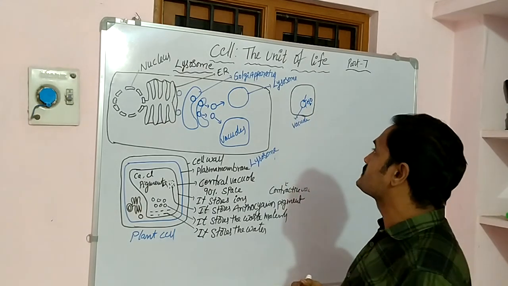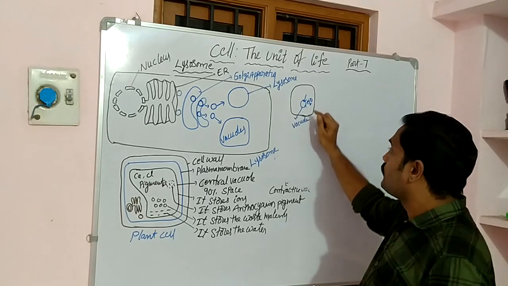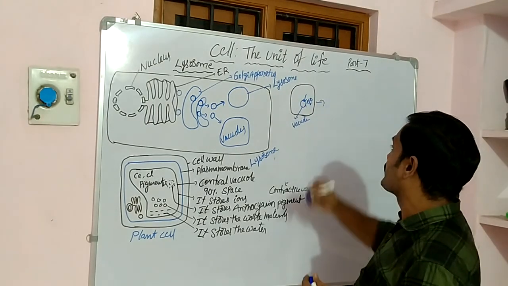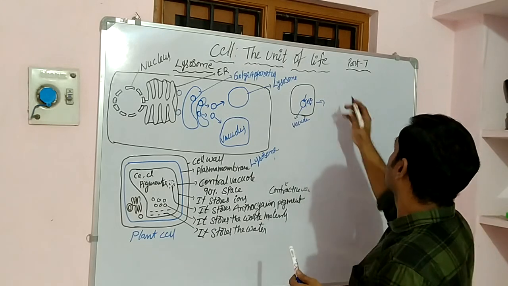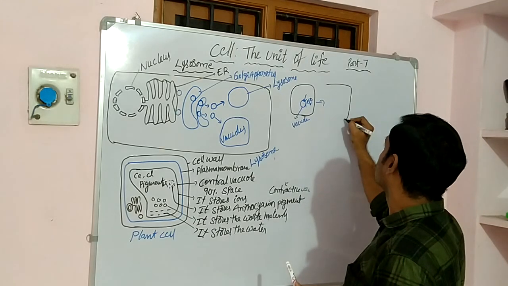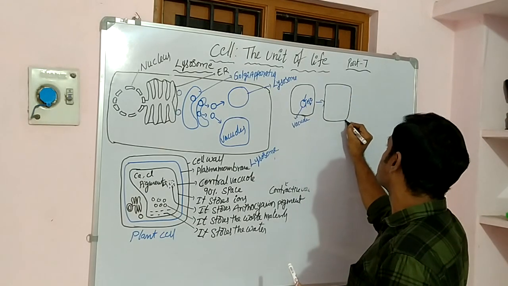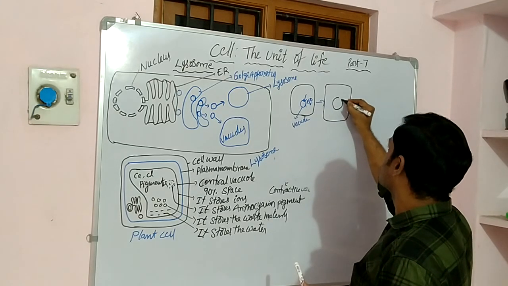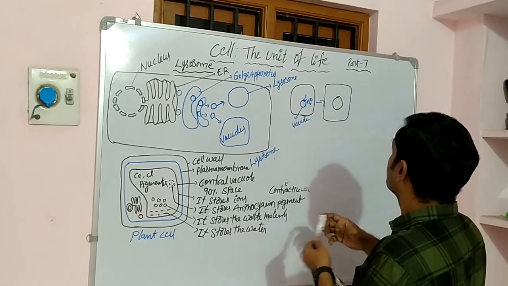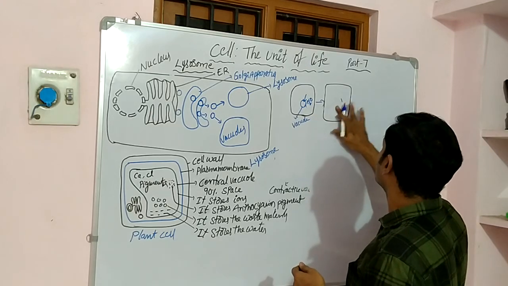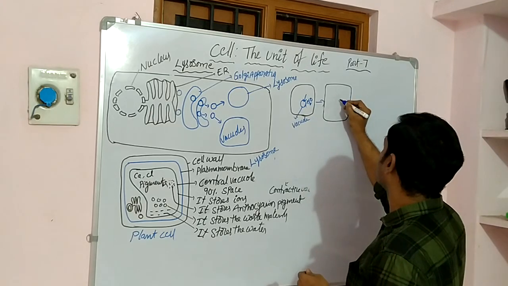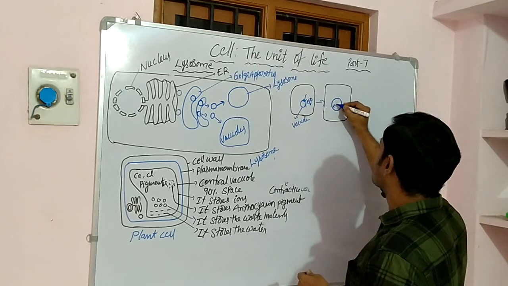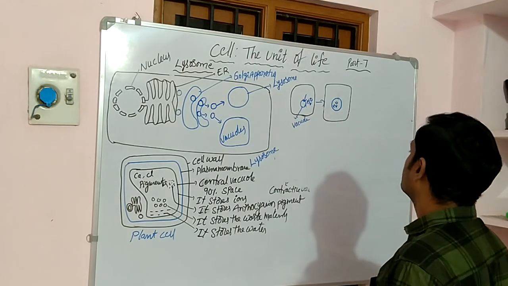So the plant cells absorb the water which enters into the vacuole like this. See, this is the plant cell, and inside of this I will draw with blue color. This is the vacuole which is filled with water.